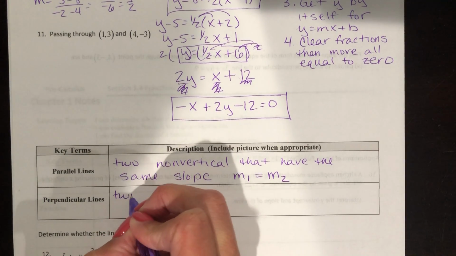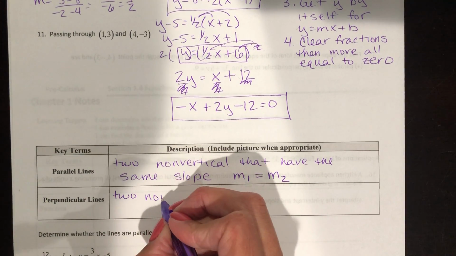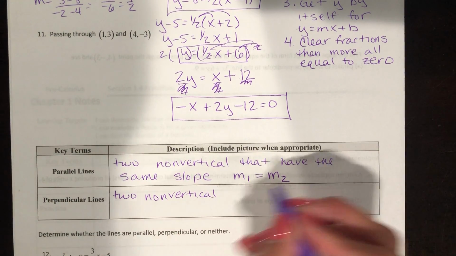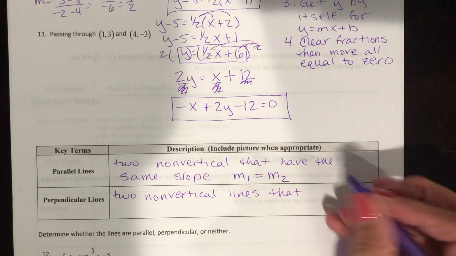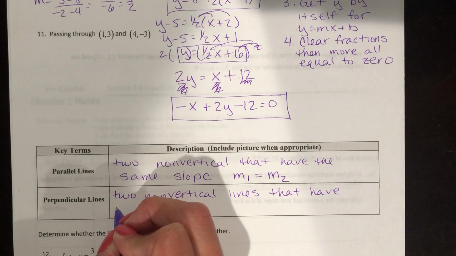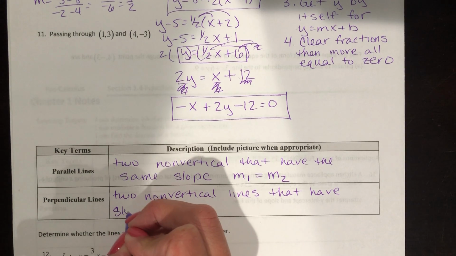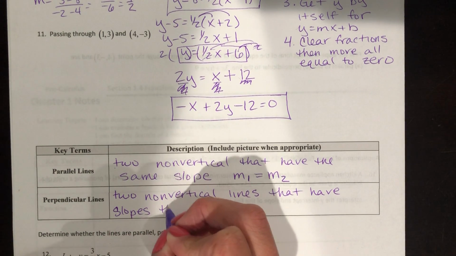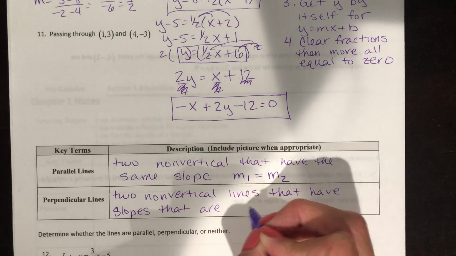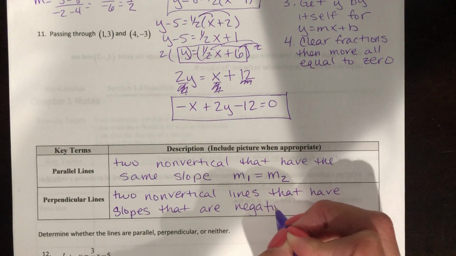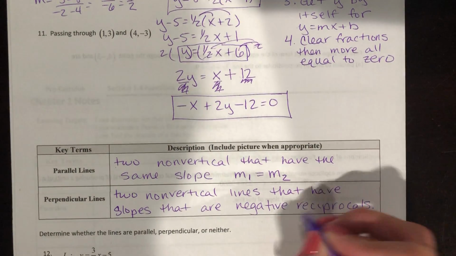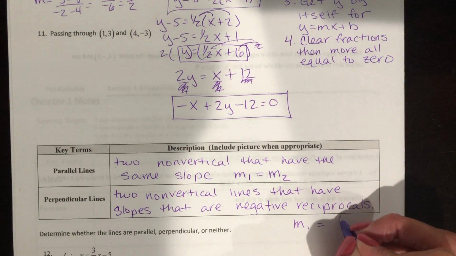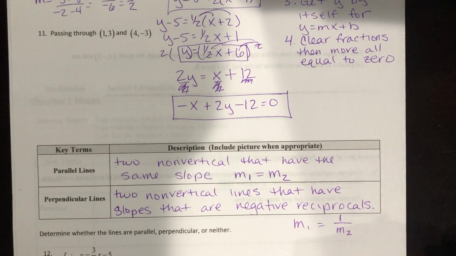So this would be two non-vertical lines that have slopes that are negative reciprocals. And that looks like the first slope equals the second slope flipped and negative.